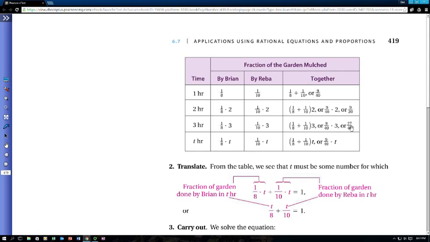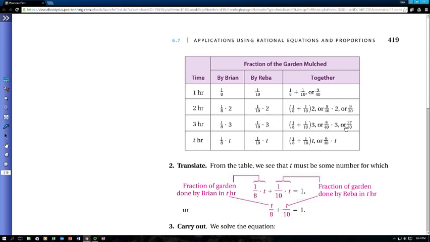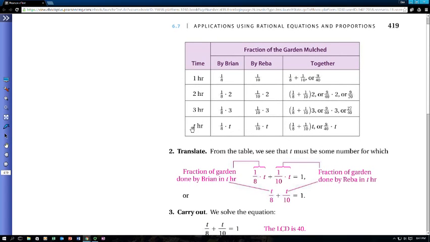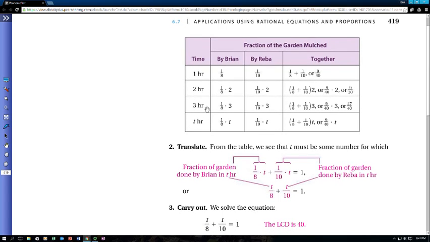In 3 hours, 27/40ths. Now if we make a fraction for the number of hours, because that's what we don't know, having this rate of the whole garden they can complete per hour, I could keep going, 4 hours and so on. Eventually, when this ending fraction ends up being 1, that means one garden is done.